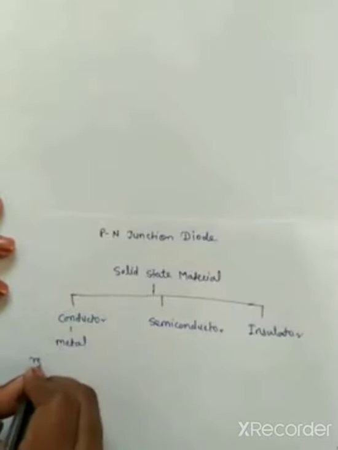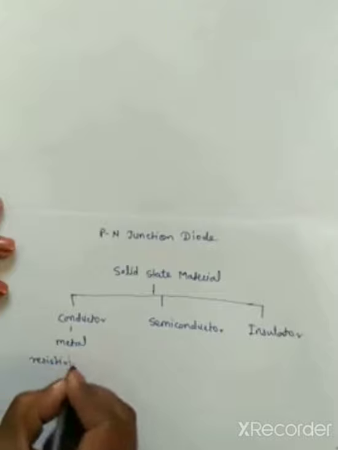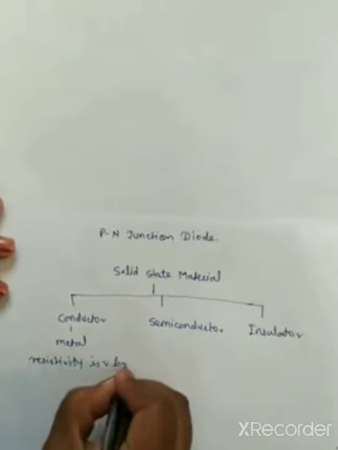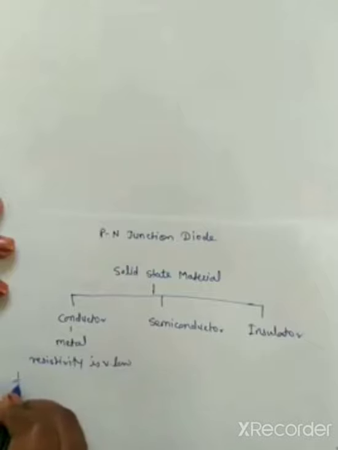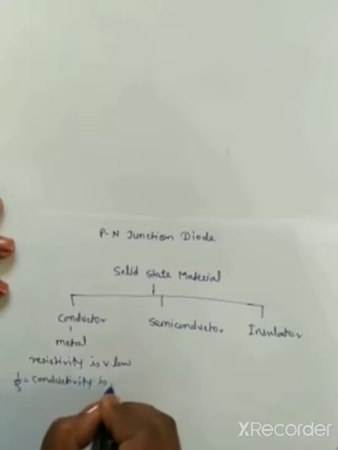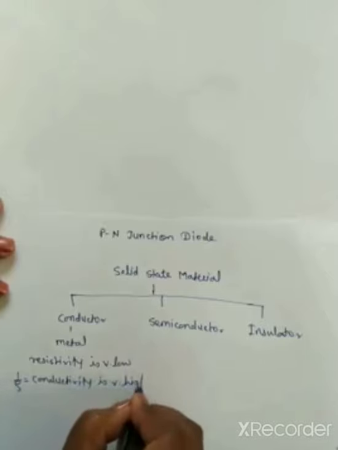That means the resistivity of conductor is very low. For that we know that 1 upon resistivity is conductivity. So conductivity is very high in case of conductor.